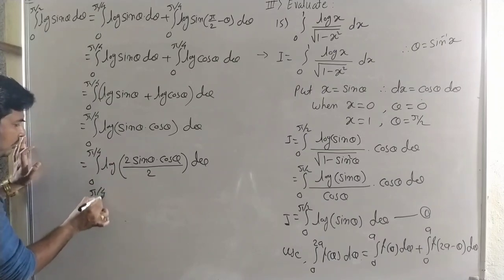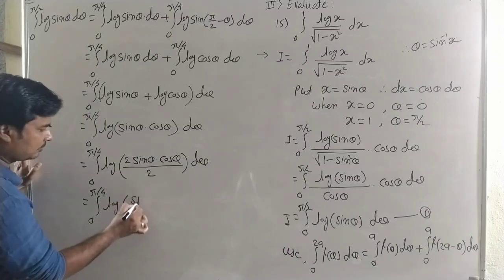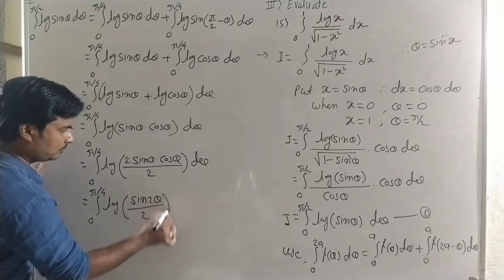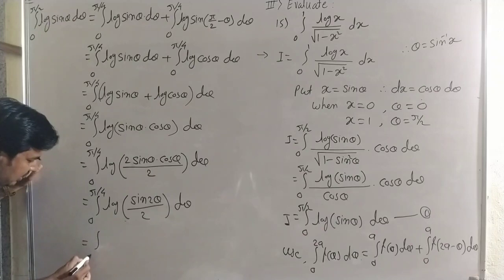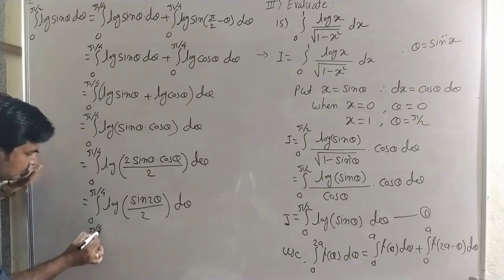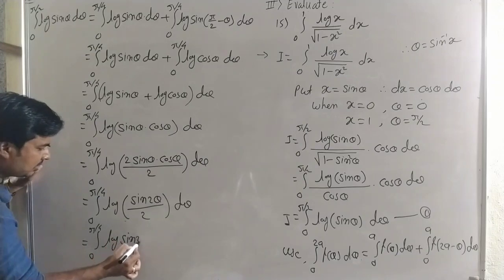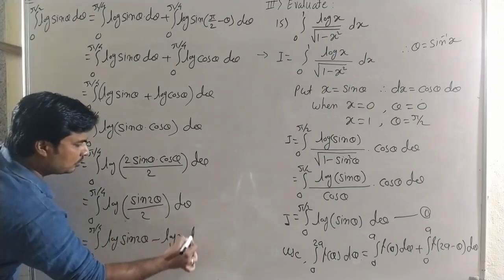Integral 0 to pi by 4 log of sin 2 theta upon 2 d theta. Then integral 0 to pi by 4, again using the property of logarithm, it is log of sin 2 theta minus log 2 d theta.